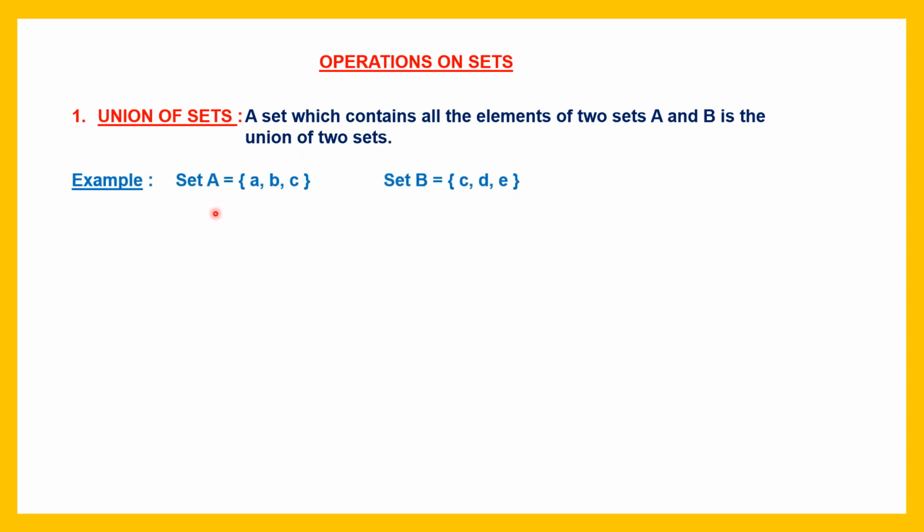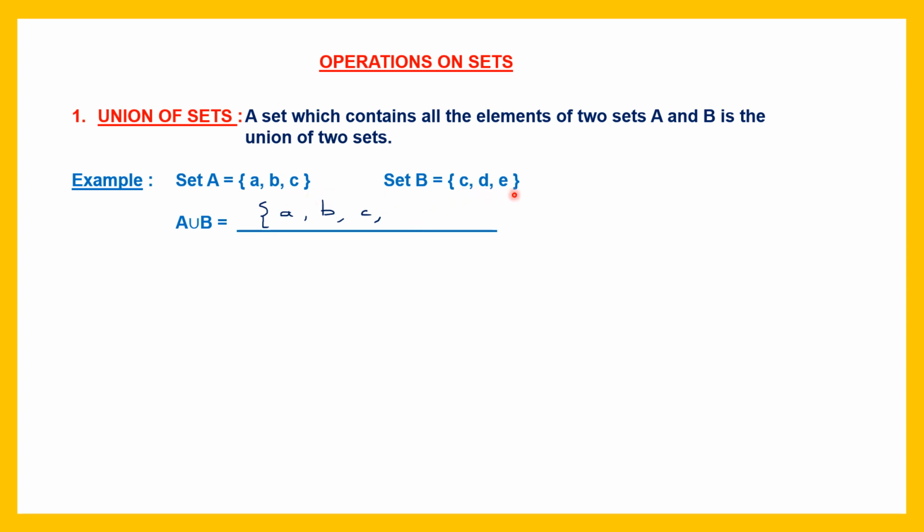For example, now suppose we have set A with A, B and C and set B with C, D and E. Then the union of set A and set B will be written like this, A union B. So we read it as A union B with this symbol. So this will be one set which contains all the elements of set A, that is A, B, C. First write all the elements of set A. Now look at set B. We're going to write all the elements of set B also here without repeating any element.